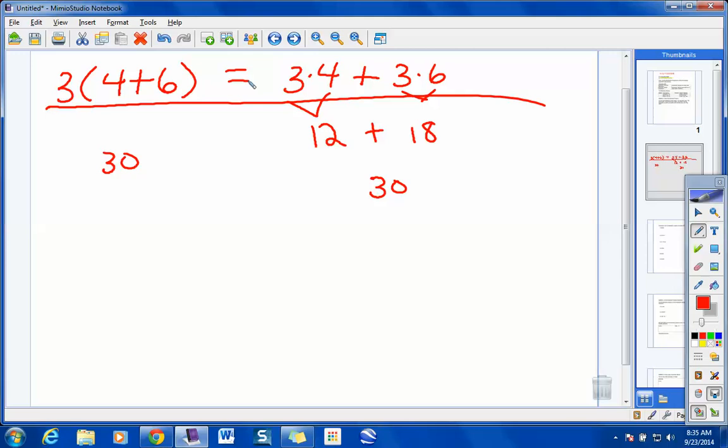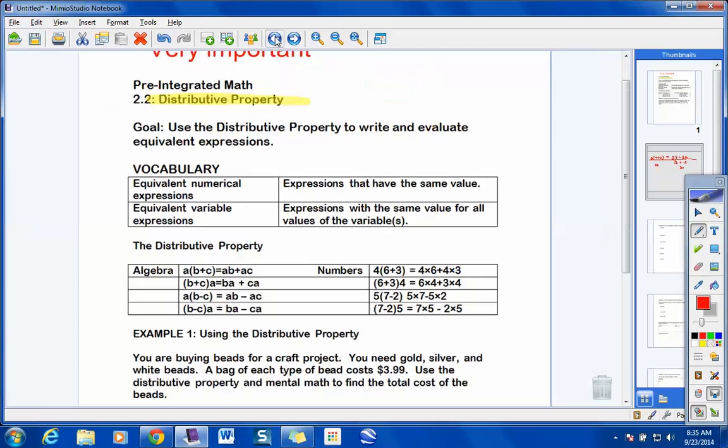What I want to get to today is this. In the notes on the front side, our goal says to use the distributive property to write and evaluate equivalent expressions. I might make a note right up here: the distributive property allows you to do the following.